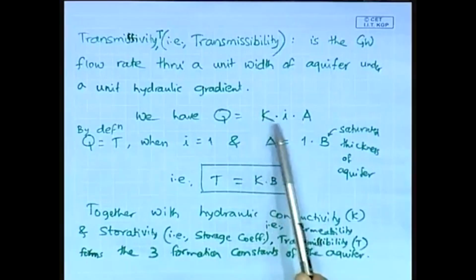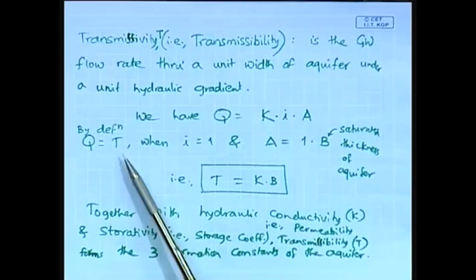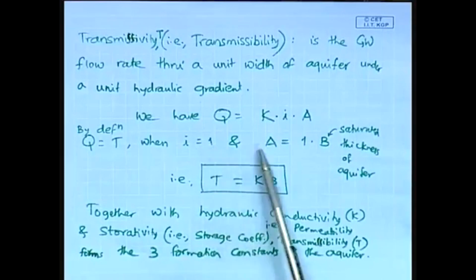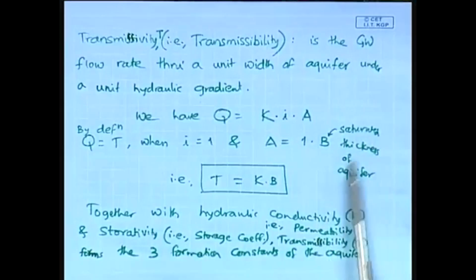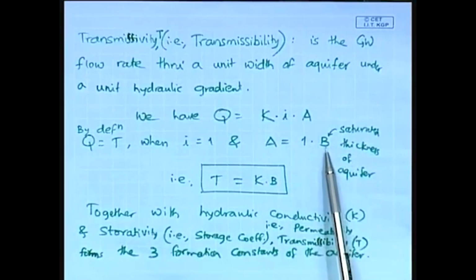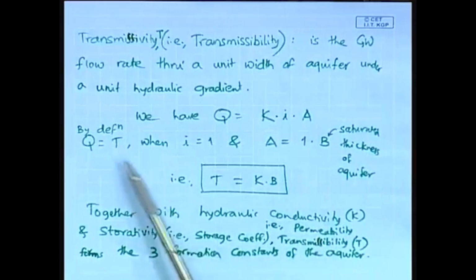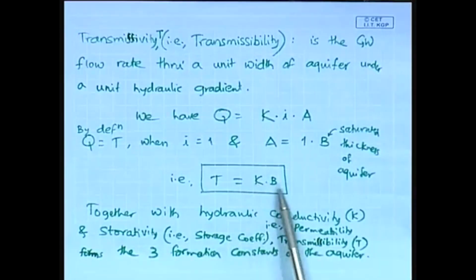So, Q is equal to K into I into A, and by this definition of transmissivity, Q will be equal to T when the hydraulic gradient I is equal to 1, and the area of groundwater flow is equal to the unit width multiplied by the saturated thickness of the aquifer, denoted by B. So, when I is equal to 1 and A is equal to B, the saturated aquifer thickness, then Q is equal to T. Therefore, transmissivity T is given by the product of the hydraulic conductivity K multiplied by the saturated thickness of aquifer, that is B.